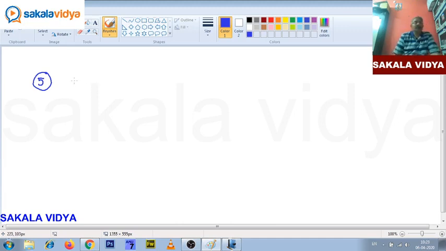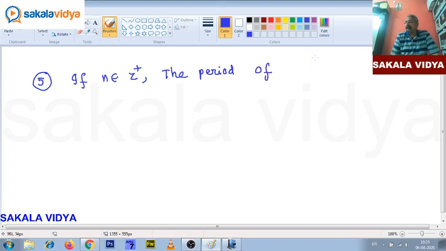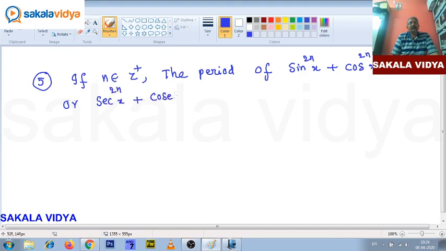If n belongs to Z, that means n is a positive integer, the period of sin x to the power of 2n plus cos x to the power of 2n, or secant x to the power of 2n plus cosecant x to the power of 2n, or tan x to the power of 2n plus cot x to the power of 2n is pi by 2.